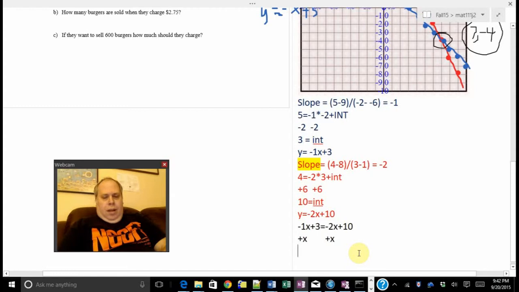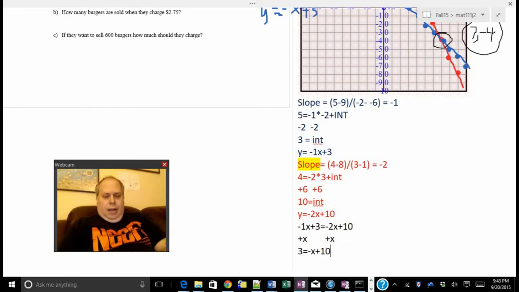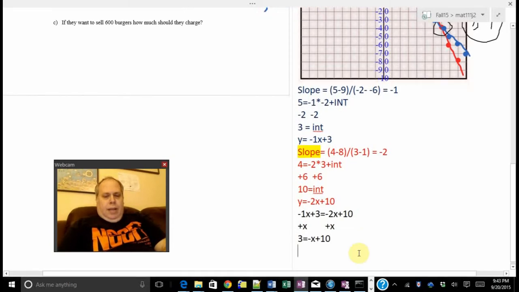And that's going to give me 3 equals negative x plus 10. The next step is to subtract 10 from both sides.